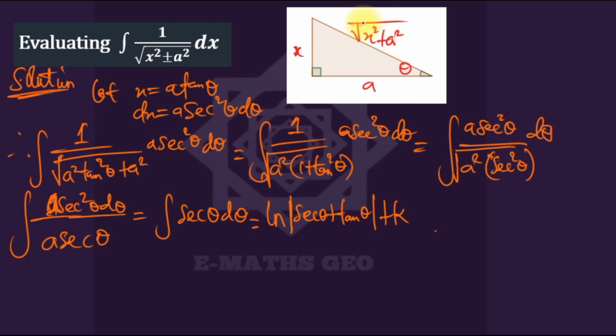So since tan theta is x over a, that implies that sec theta means 1 over cos theta, and cos is a over this. 1 over cos is now square root of x squared plus a squared over a, since cos is adjacent over hypotenuse. So we'll go back and finish up.